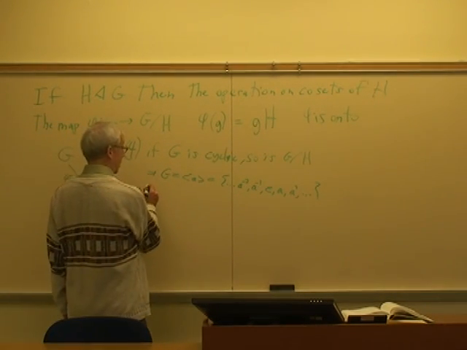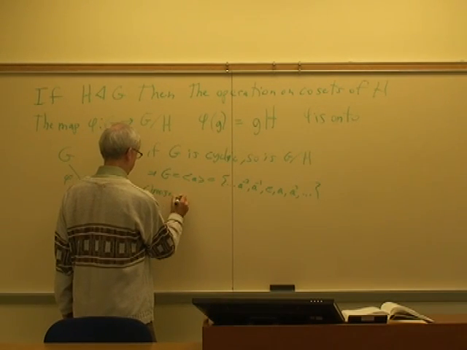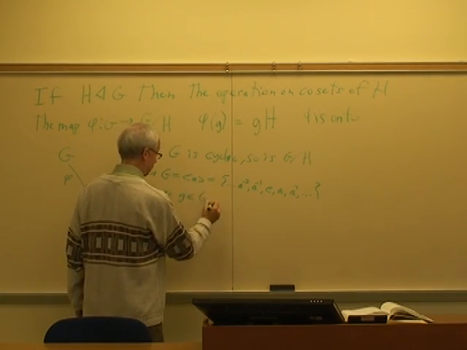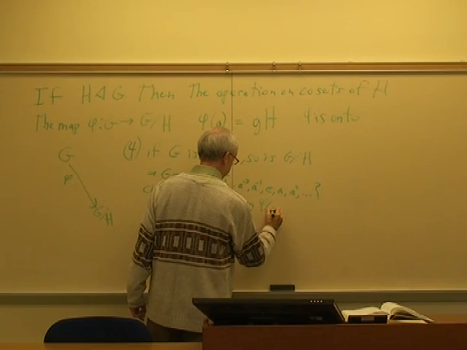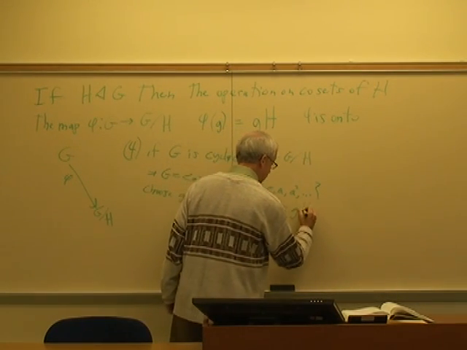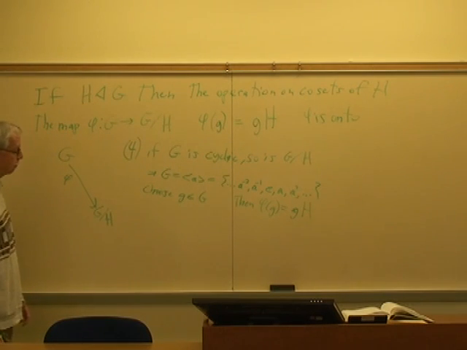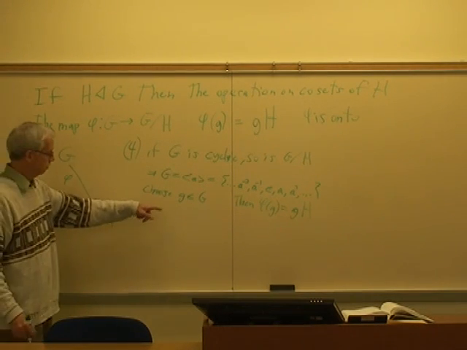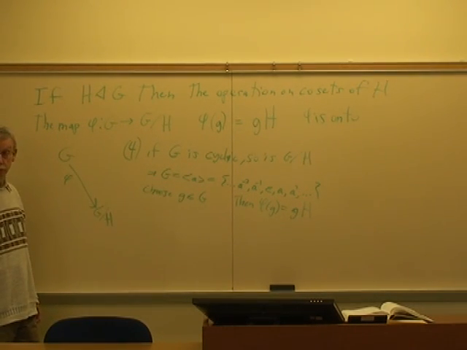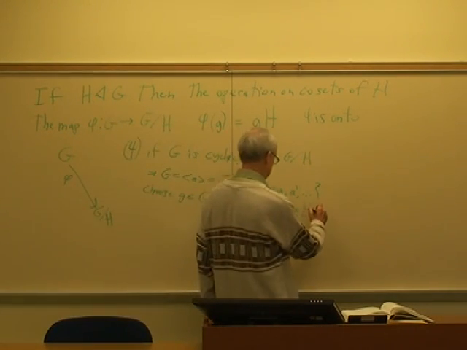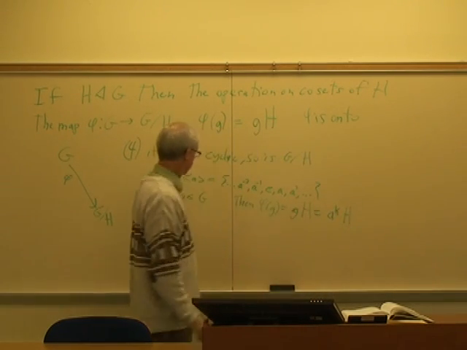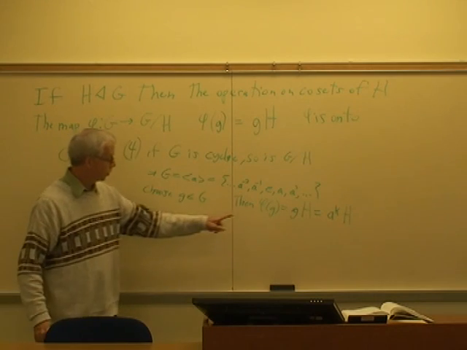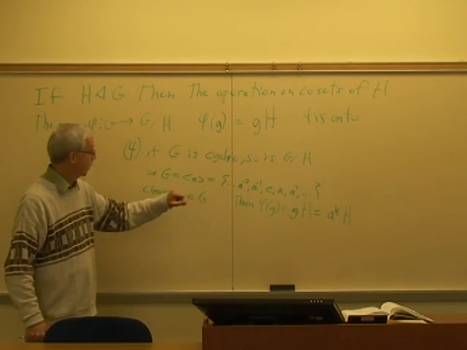So if I take an arbitrary element, choose g in G, then phi of g is equal to gH, right? Well, what does g look like, if it's a cyclic group? But remember, phi was what?